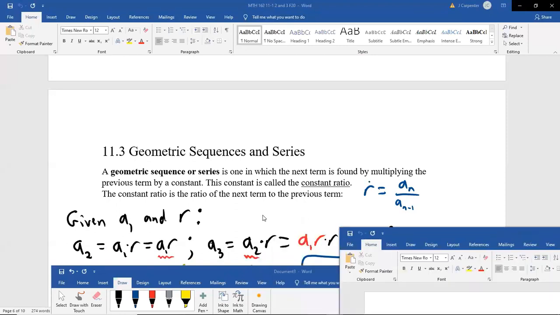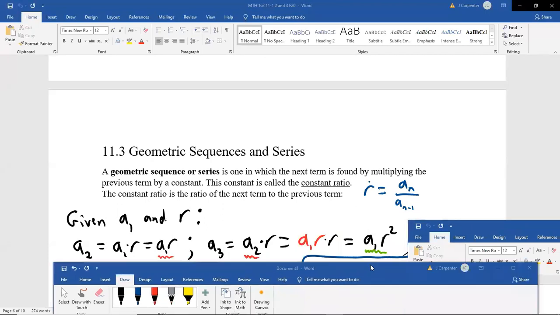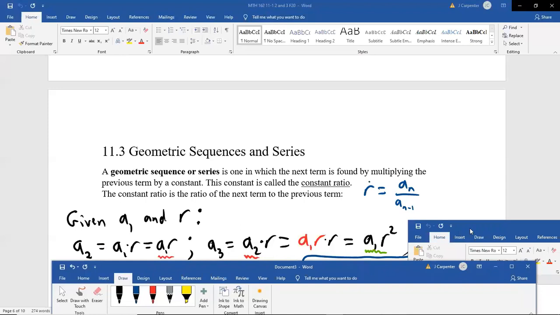So I even use red to emphasize that this A2 is this A1 times R, because the second term we said was the first term times R. So instead of writing the second term, I write the first term times R, but there's that extra R multiplying it, and R times R is R squared. And I have a little green squiggly under it because we're going to end up using that. And we're just going to keep cycling through this.